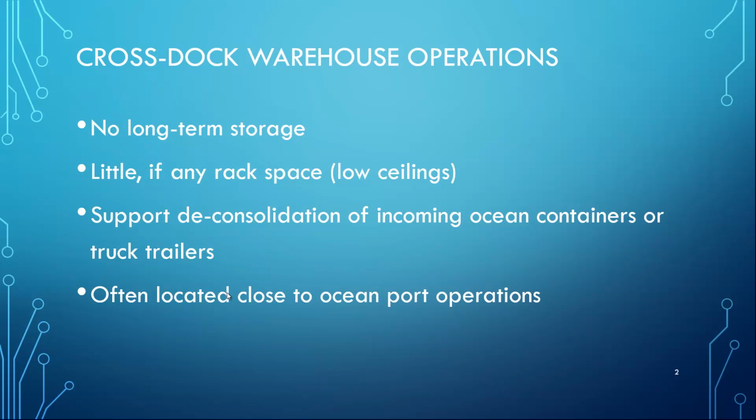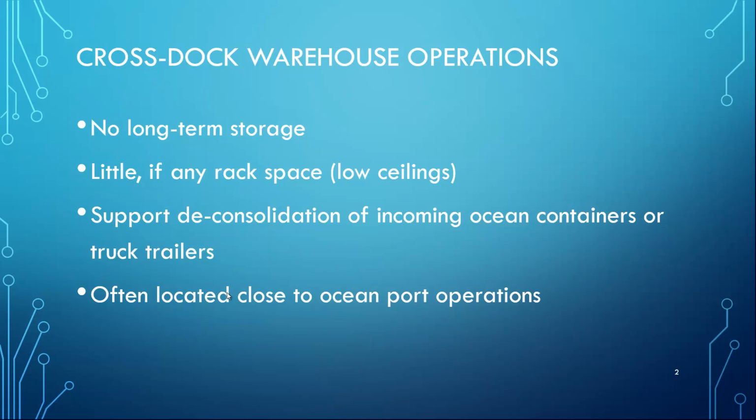Now remember that what we are trying to do is dismantle whatever we have. If it's a container, we are taking the pallets from inside. If it's a pallet, we are taking the boxes from that pallet. If we have a box, then we are taking the items from inside these boxes.